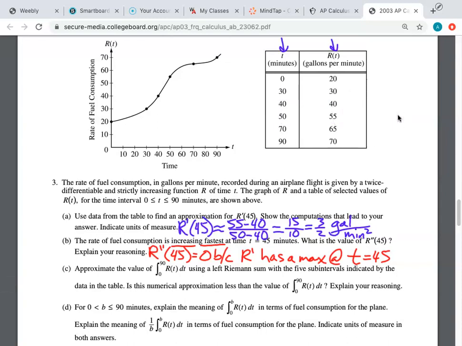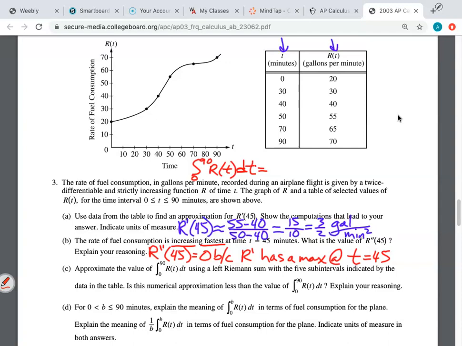The nice thing is they've already given us a table. So the integral from 0 to 90 of r of t dt equals. So we have subintervals, but these widths, these rectangles, are not equal width.